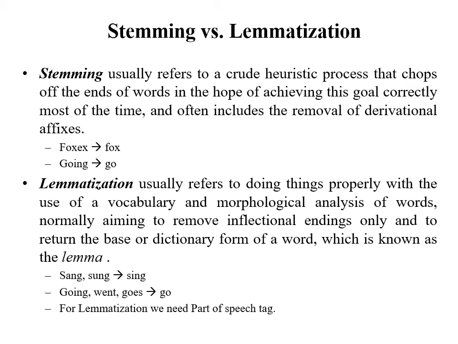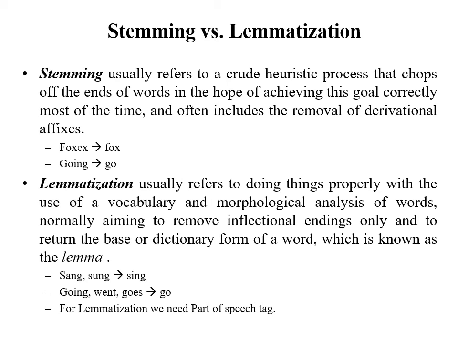What about the case of lemmatization? Lemmatization converts the stem into its proper form. Lemmatization usually refers to doing things properly with the use of vocabulary and morphological analysis of words, normally aiming to remove inflectional endings only and to return the base or dictionary form of a word, which is known as the lemma.